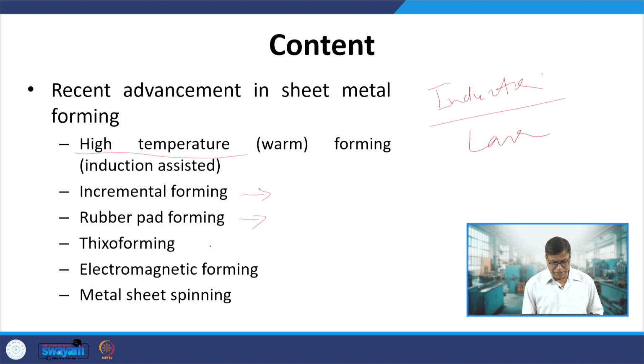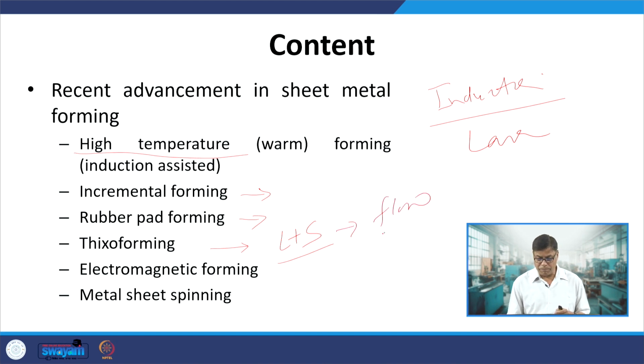Thixoforming is a typical one wherein the plastic deformation or change in shape of the metal is realized by application of pressure on the metal in the semi solid state. There are two typical characteristics. The metal is in the semi solid state, meaning there is both liquid and solid, and it tends to flow easily.